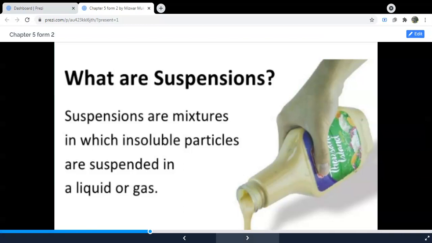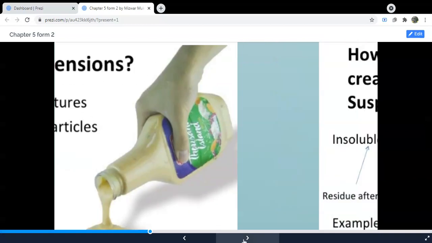Kalau solution tadi, solution adalah soluble particle that can dissolve. But for suspension is an insoluble particle. Particle yang tak boleh dissolve tapi dia akan suspend. Maksudnya dia akan berada di tengah-tengah di antara liquid ataupun gas contohnya.